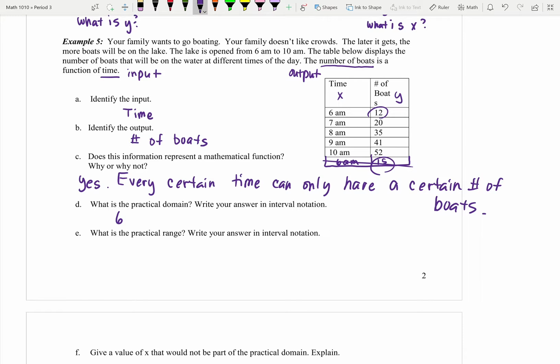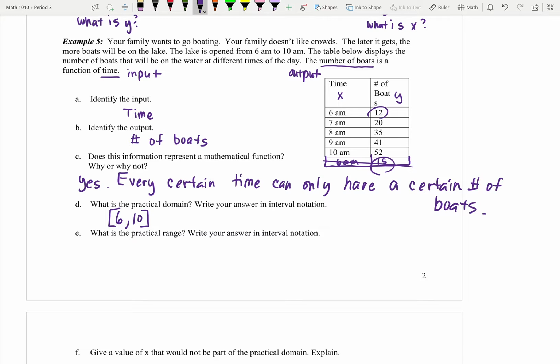If you could get there right at 6, with a bracket. You're exactly right. And then I'm going to go comma. And could I stay right until exactly 10? Yeah, I could. So I'm going to go 10 with a bracket.